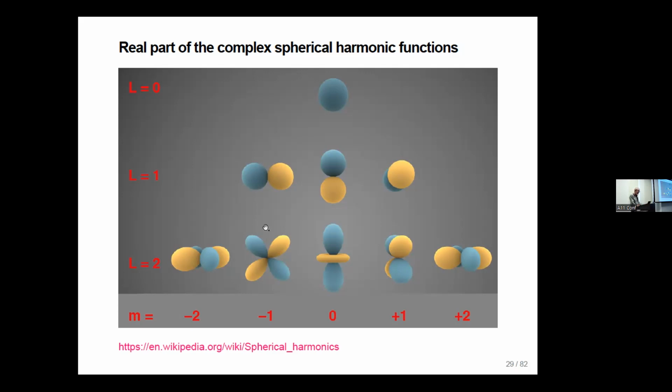But the spherical harmonics for describing rotations in physical space are really powerful, because if we rotate a p orbital, it stays a p orbital. Rotating a p orbital doesn't turn it into a d orbital. Rotating an s orbital, it stays an s orbital. So we're going to be able to eventually simplify calculations by breaking things down basically into families of spherical harmonics that have the same rotation properties.